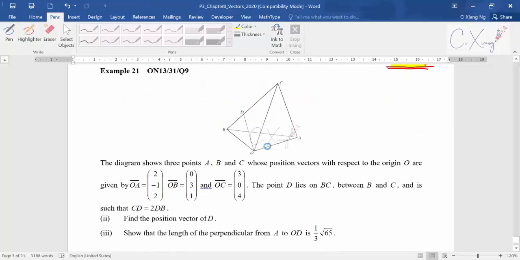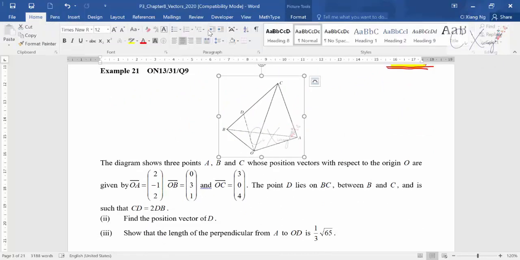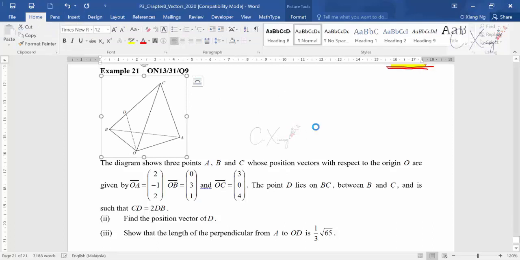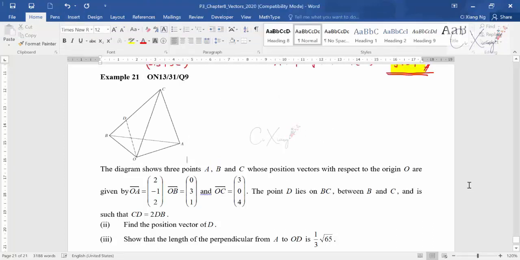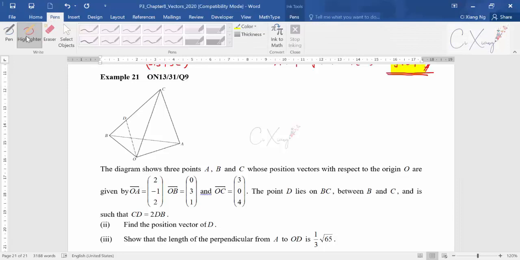So I'm going to discuss example 21 with you. I will show you how to do it. This question itself is longer. Of course, they already tell you all the information. This diagram shows 3 points, A, B, and C, and the position vectors with respect to the origin O are given by OA, OB, OC.